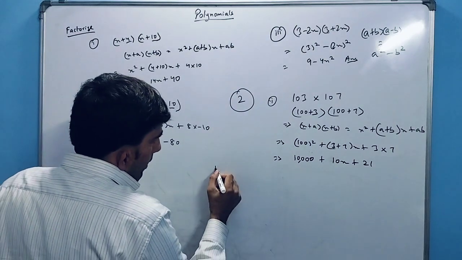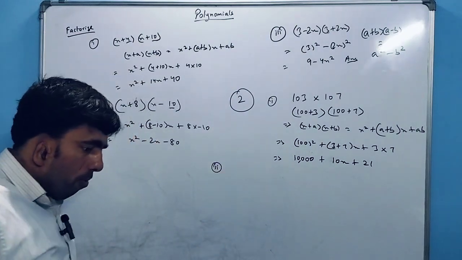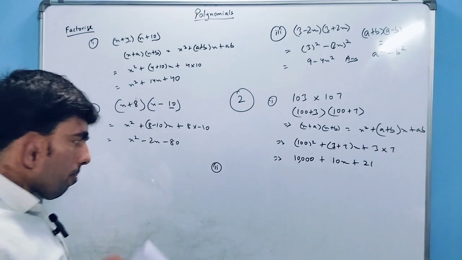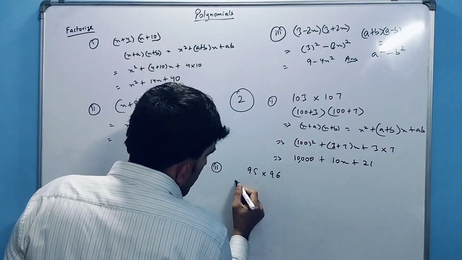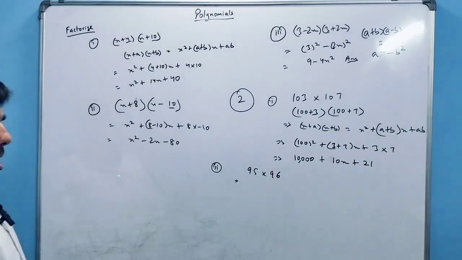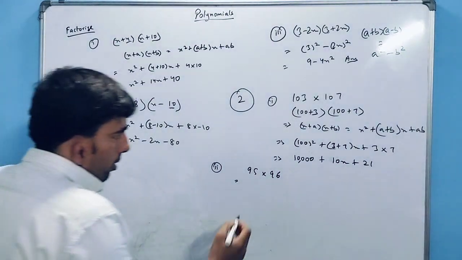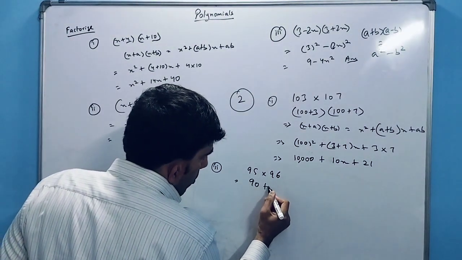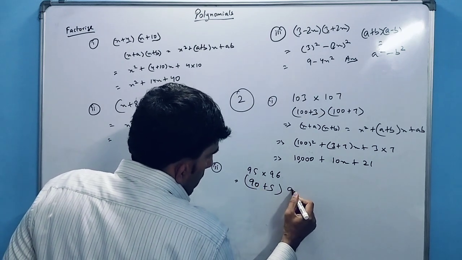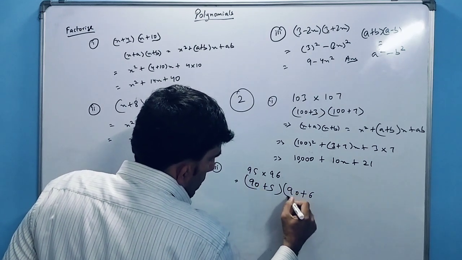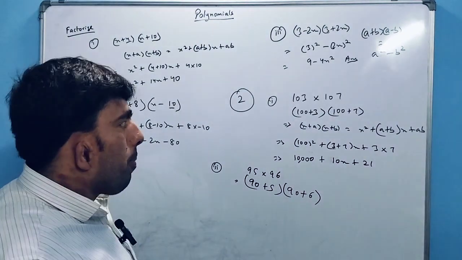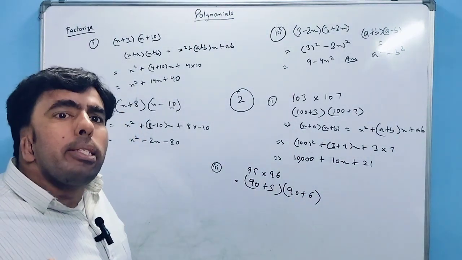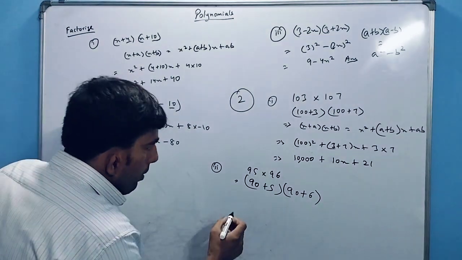Now similarly, the second one, now they want to evaluate 95 into 96. Okay, how can we write this? I can write it like this also. The same identity we need to apply, that is (x + a)(x + b).